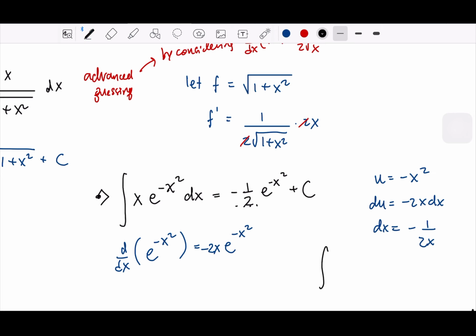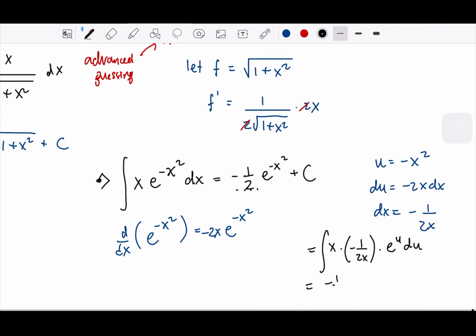So we are getting the x multiplied with negative 1 over 2x and multiply with e to the u du. So this will be negative 1 over 2 e to the u, which is e to the negative x squared plus a constant.